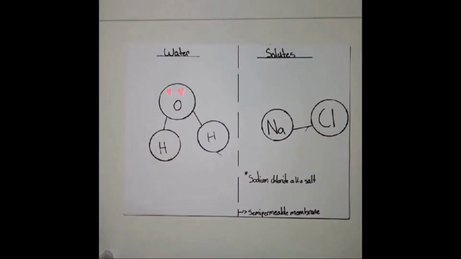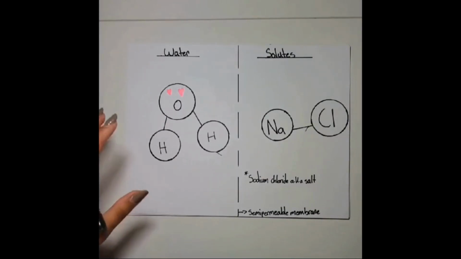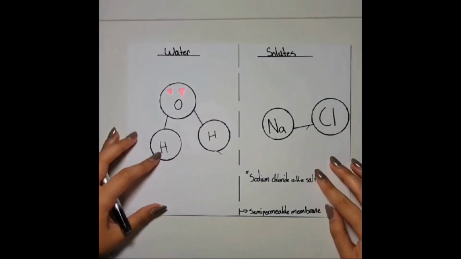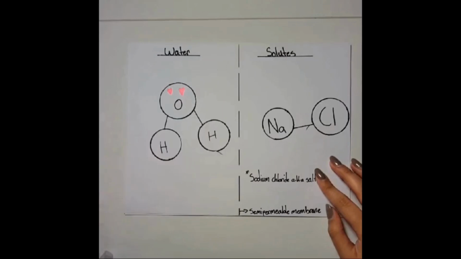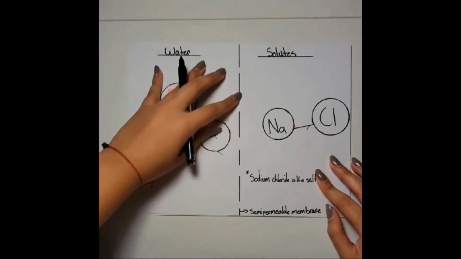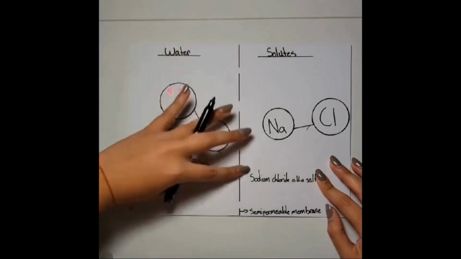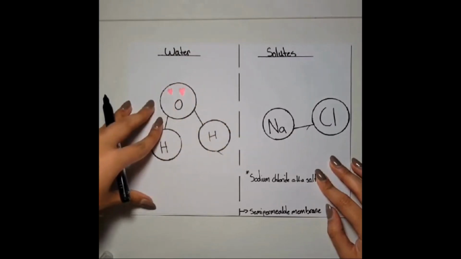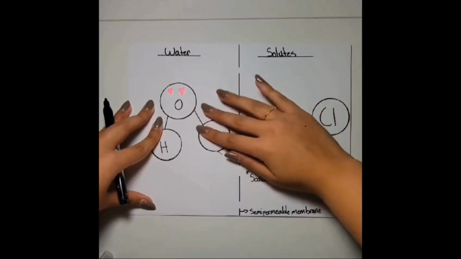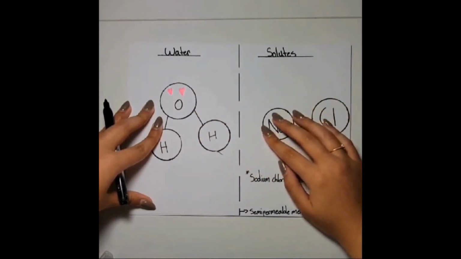Now, diffusion can happen across many types of molecules, but osmosis focuses on the movement of water across a selectively permeable membrane, which is represented by this line here. The membrane is less permeable towards the solute than it is to water, meaning that water passes more easily through this membrane than the solute.